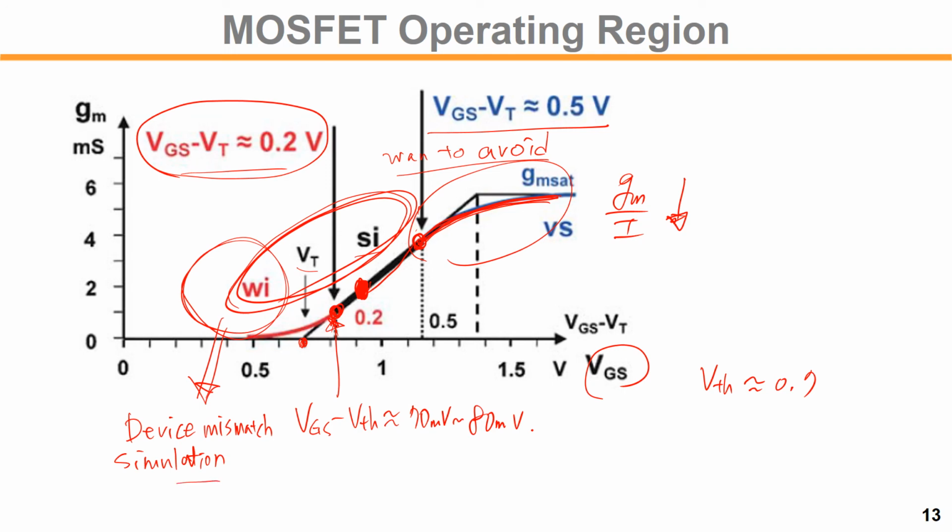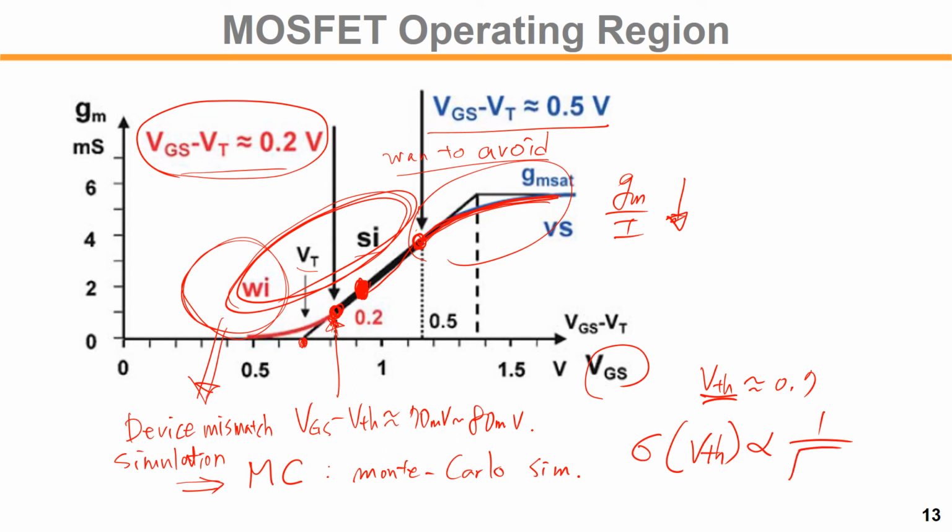To run the device mismatch simulation, you have to run the Monte Carlo simulation in your simulation tool. It will provide some statistical information and give us the variance on VTH or whatever, right? So remember again, the sigma, the standard deviation of VTH, is proportional to 1 over the square root of W times L. This is something that you have to remember for your design.